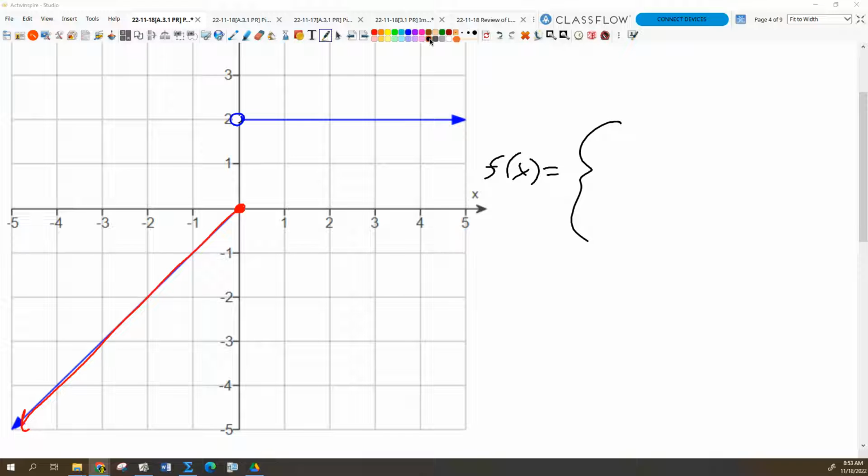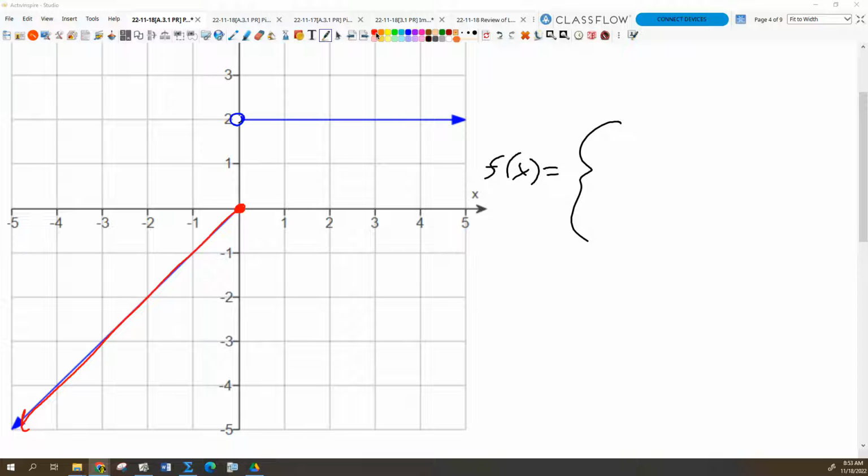Okay, so let's do the red piece first. The red piece has two parts. It's got to have the graph, what is the function that we're graphing, and then the domain. Let's start with the domain.